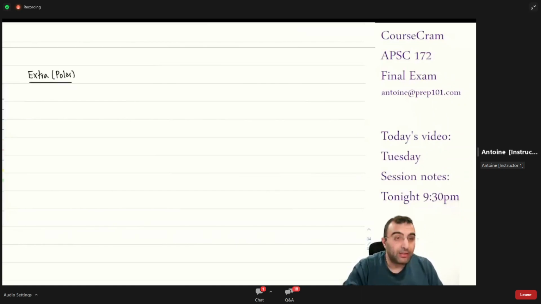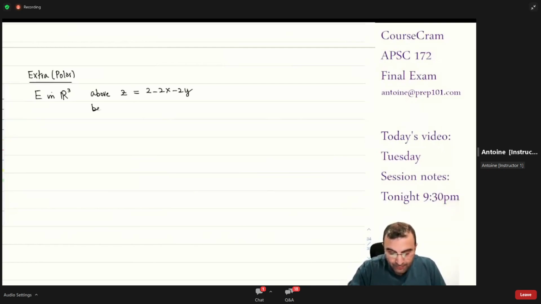And it's a little bit difficult. So the volume E in R3 is above z equals 2 minus 2x minus 2y, and it's below z equals 2 minus x squared minus y squared. So there's no confusion as to what's on top, what's on the bottom.